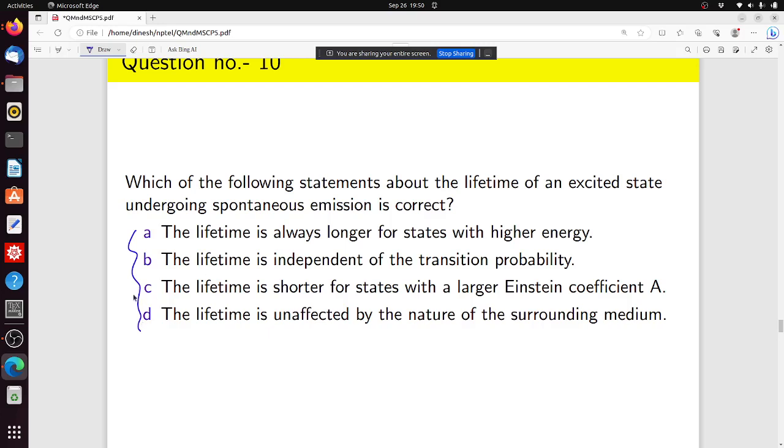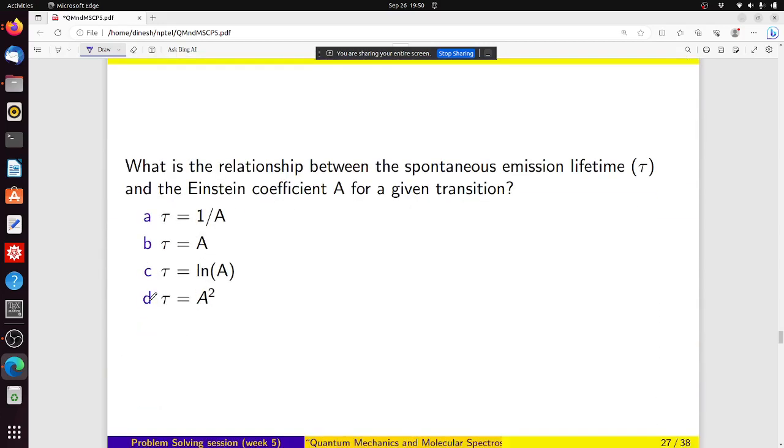Yes, right. Just now we told this lifetime is nothing but 1 over A. So when this Einstein coefficient A is large, then this lifetime will be small. So lifetime is shorter for states with larger Einstein coefficient. Right. Good. Moving on to the next question. What is the relationship between spontaneous emission lifetime and the Einstein coefficient A? Just now I told. Option A. Right. Good.